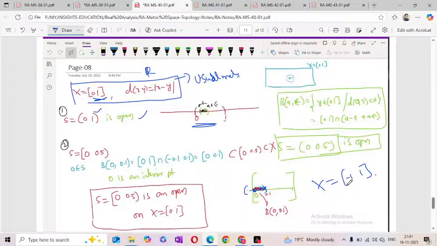Okay, suppose in this case X is equal to minus 1 to plus 1 and S is equal to closed 0 and open 0.5, in this example 0 is not an interior point. Here it becomes an interior point, because our X starts from 0 onwards, so that's why this 0 is interior. But if X is minus 1 to plus 1, then 0 is not an interior point.